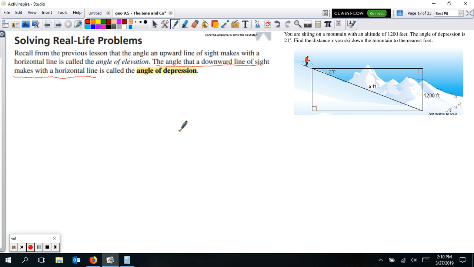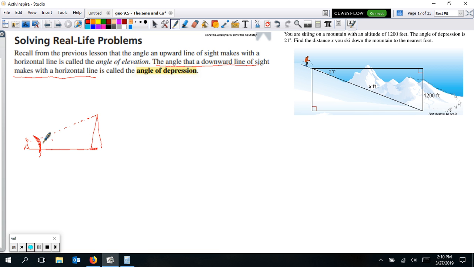And so basically to see the difference, for the angle of elevation, if I have our little stick figure guy here, and here's maybe some tree over here, and he's this far away from the tree, the angle of elevation would be right here. This is our angle of elevation, the line of sight going up to there. So there's your horizontal line.